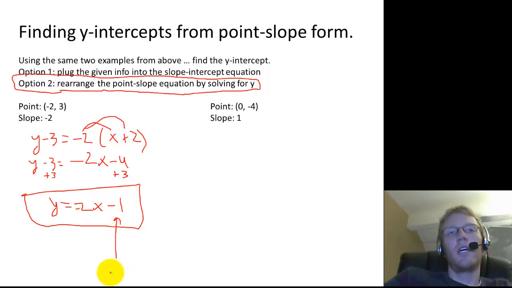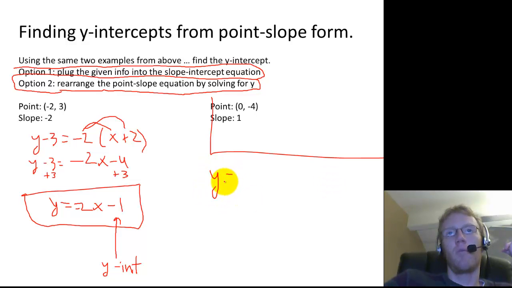You can look at it and tell that that's the y-intercept, because the equation is now converted from point-slope form into slope-intercept form. Alternatively, option 1 would have been to plug the given info into the slope-intercept equation. So we could say y equals mx plus b. I know my x and y values, -2 and 3, so I can plug in a 3 here and a -2 right there.